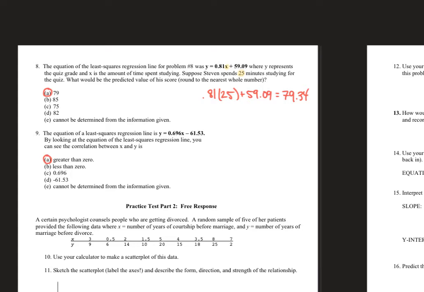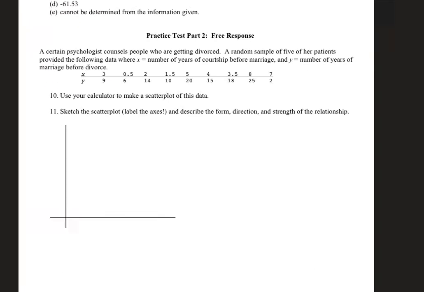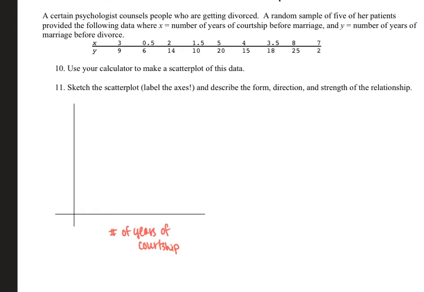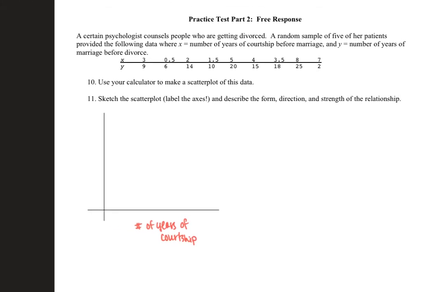All right, number 10 tells us to make a scatter plot of the data using our calculator, and then we're going to sketch the scatter plot. So the number of years of courtship go here, and then on the y-axis, this is number of years of marriage.